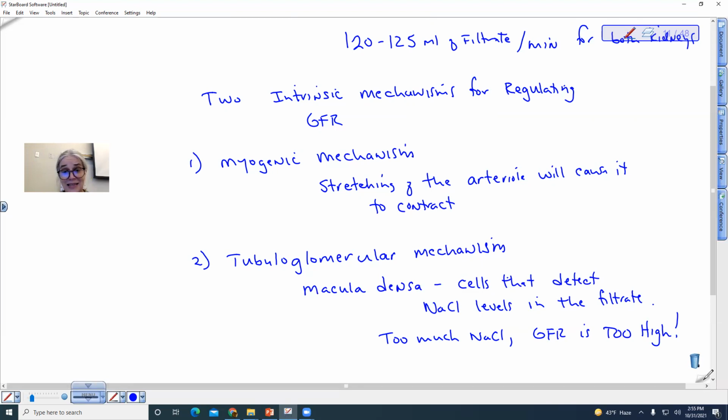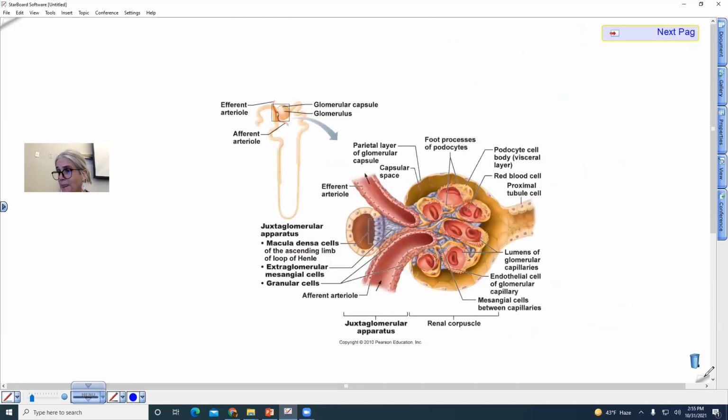So let's look at that mechanism. This is my glomerulus. You'll notice that this is where the macula densa cells are located, and they can detect the amount of salt in the ascending limb of the loop of Henle. This is filtrate that has already gone through the proximal convoluted tubule, where a lot of salt is reabsorbed, so this can detect too much salt.